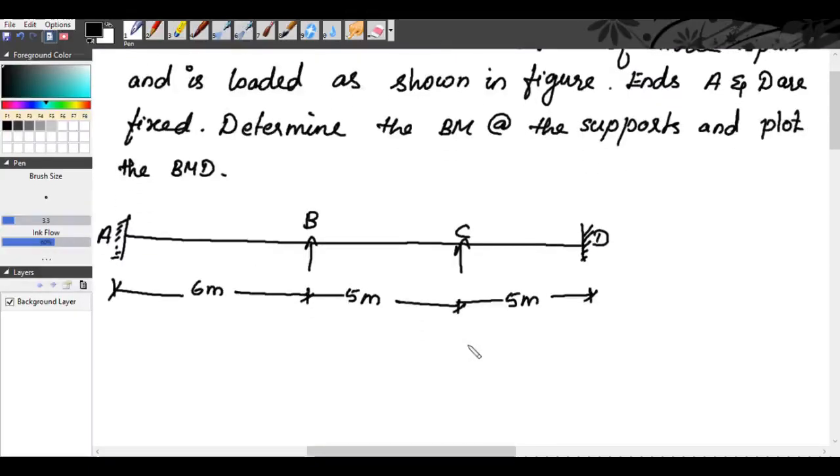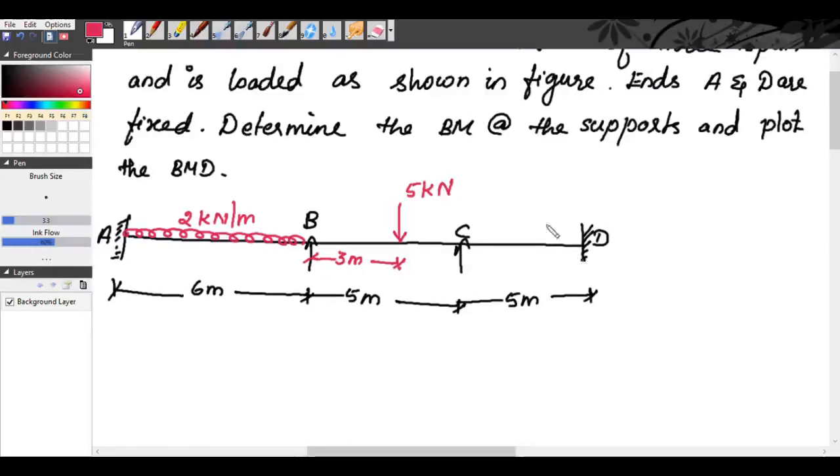Now the loading conditions given: in the span AB we have a 2 kilonewton per meter UDL. In the span BC, at a distance of 3 meter from B, we have a 5 kilonewton concentrated load.